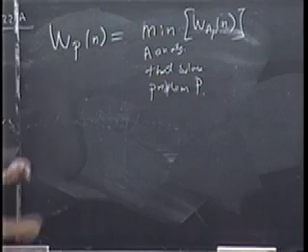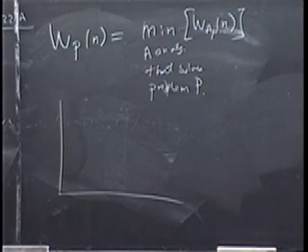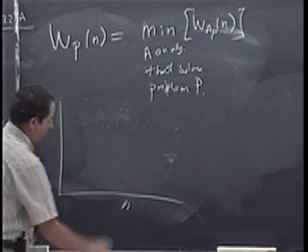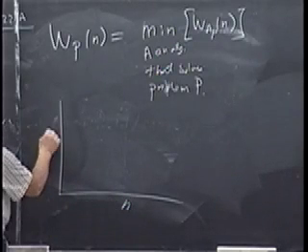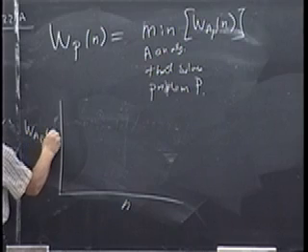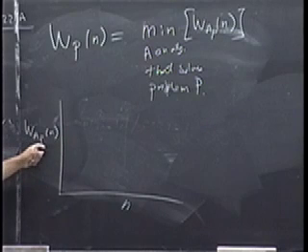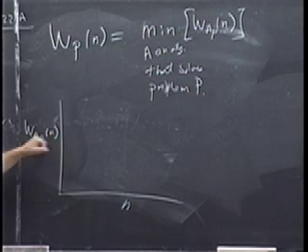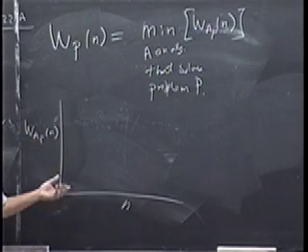This may be a little more abstract, a little bit weirder than most people are used to. But again, I have a picture where I have along here the input size, n. And along here, I would have W_A(n). We're talking about specific algorithms that solve problem P, and their behavior as a function of input size. So for each algorithm that you can think of, or each algorithm that exists, and this is again conceptual because there's an infinite number of algorithms.